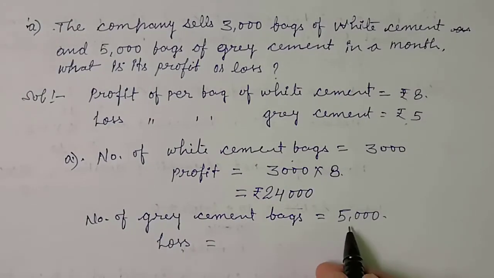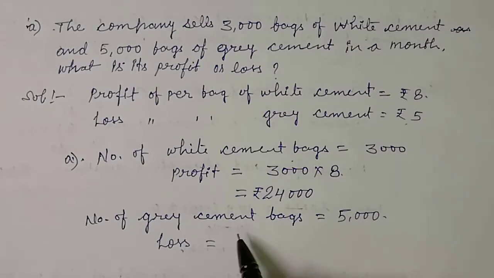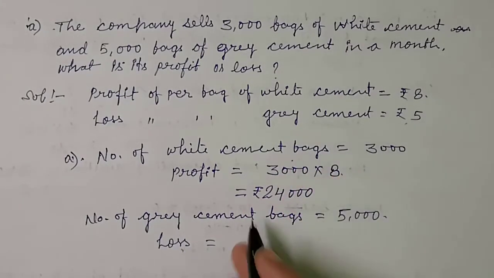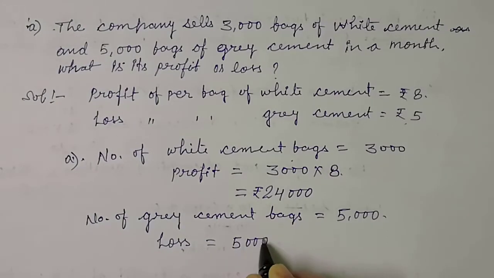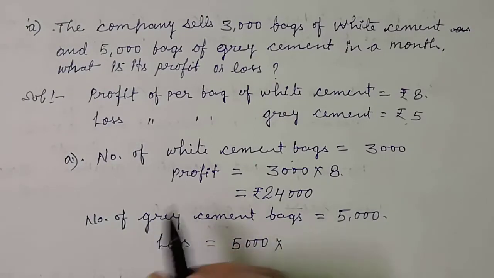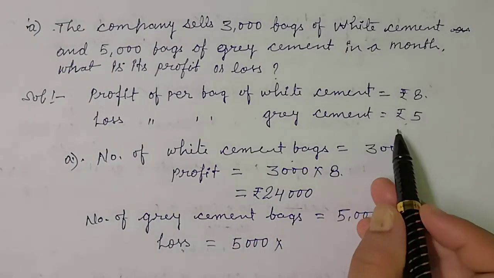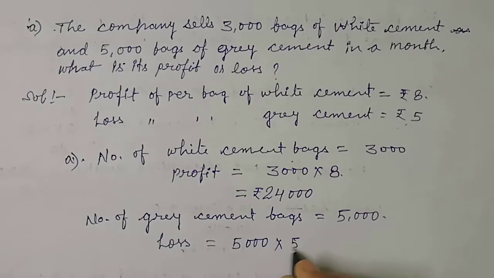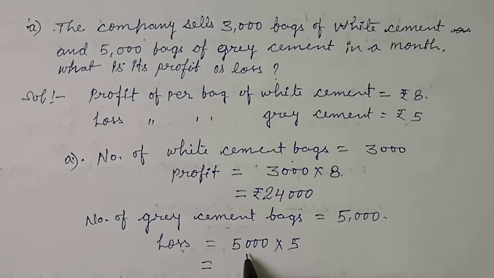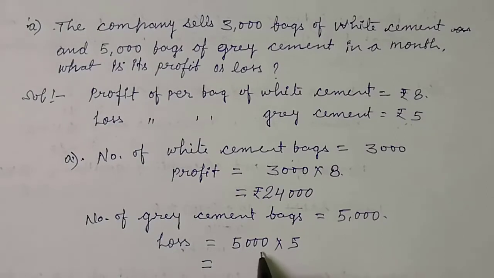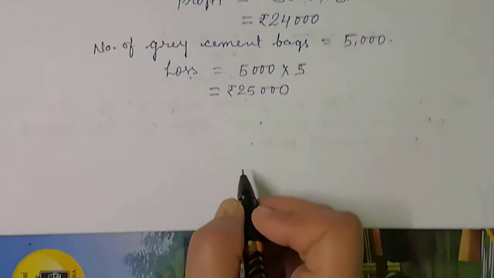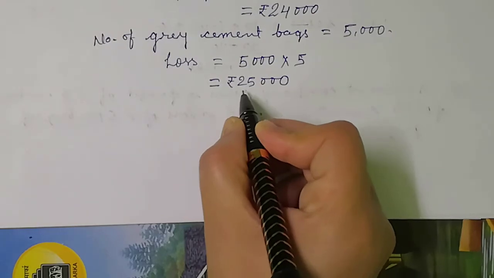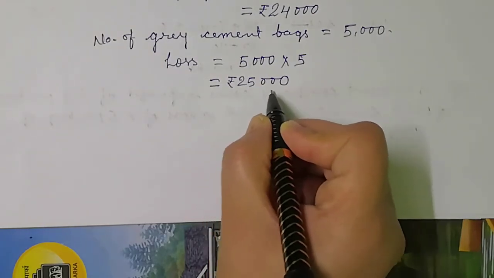Again we multiply this 5000 by the loss for each grey cement bag, then we can find the total amount of loss. 5000 bags we have, and the loss for each bag is 5 rupees. So we multiply by the number of bags, 5000, and get 25,000. The shopkeeper will bear a loss of 25,000.